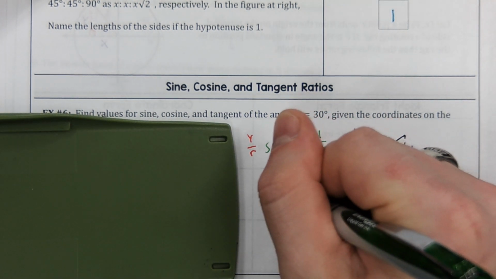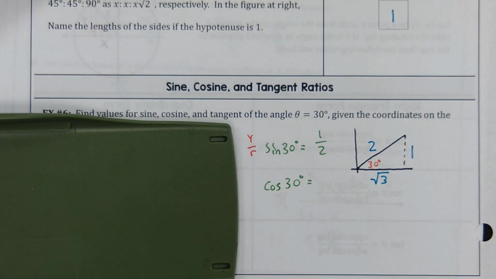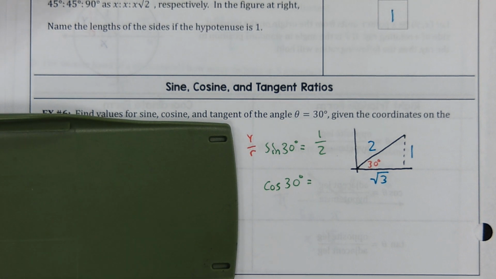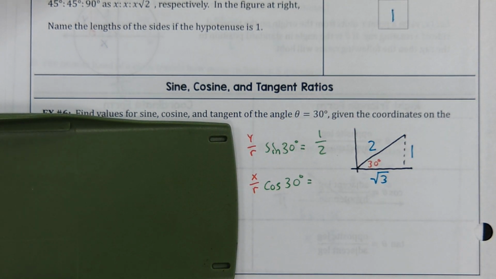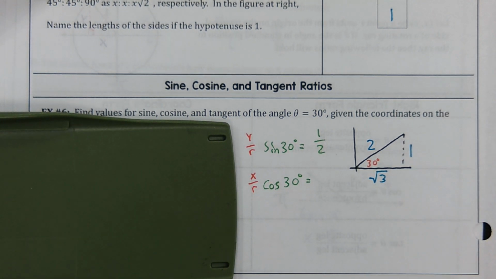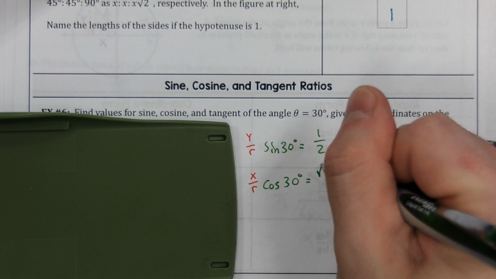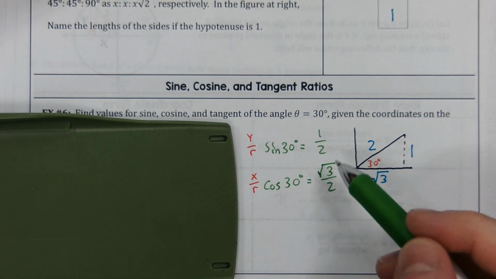Cosine. Cosine is x over r. Root 3 over 2. It's like 1.7 and change, I think.